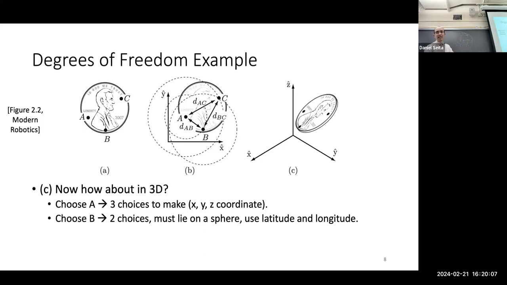Now, when we pick C, the distance from A to C must be DAC, and the distance from B to C must be DBC. So what happens is that we get the intersection of 2 spheres.